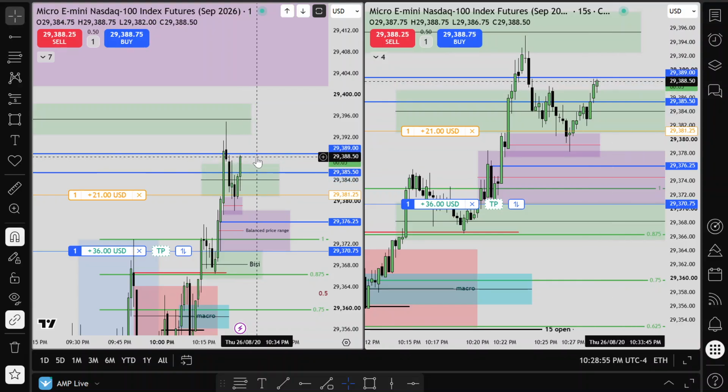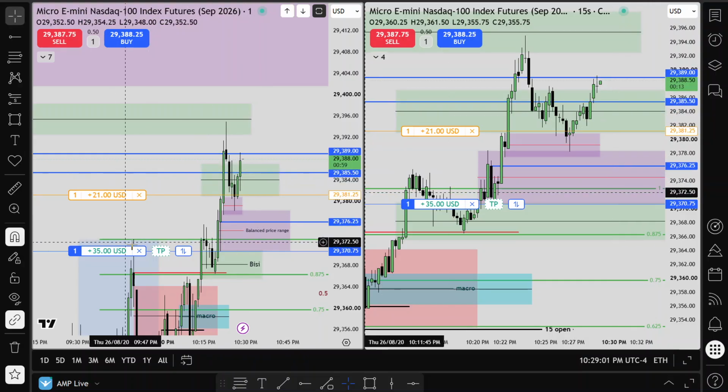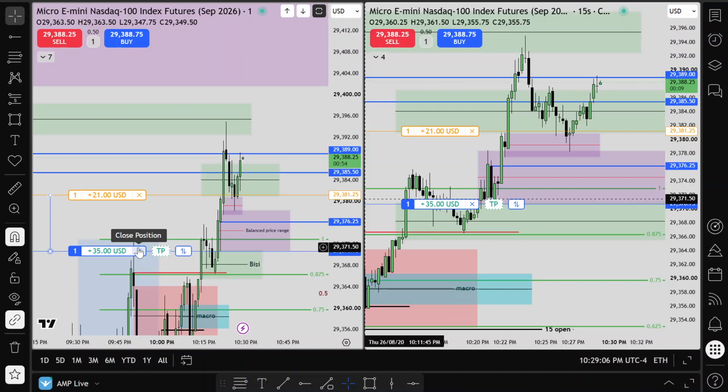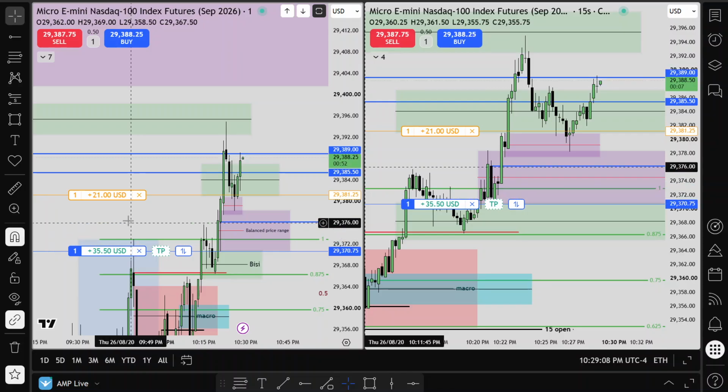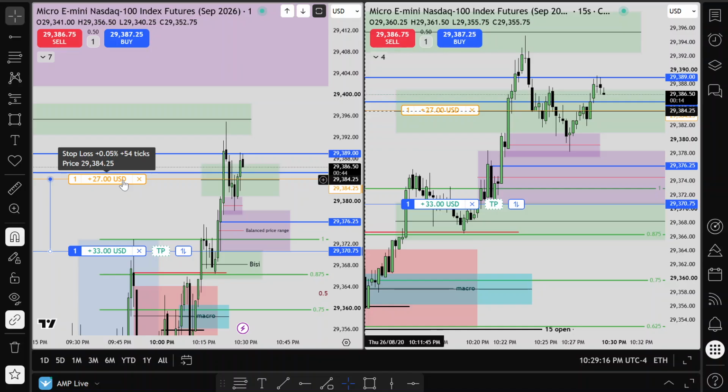Again, volume imbalance. Close above it. 3, 2. Now I don't even want to see consequent encroachment of this gap anymore. Come on, slapper, Phil, slapper.